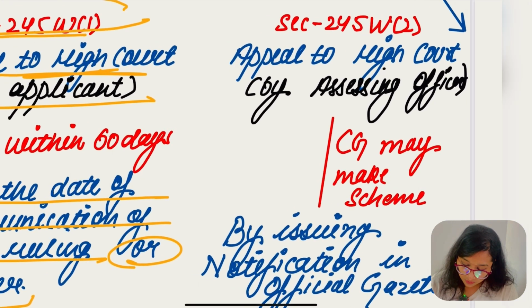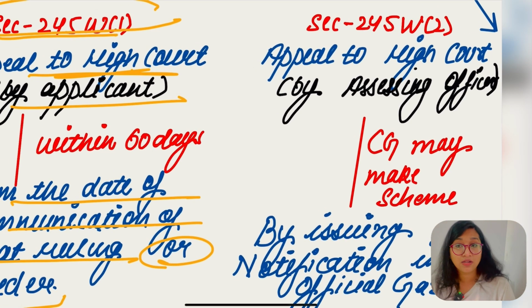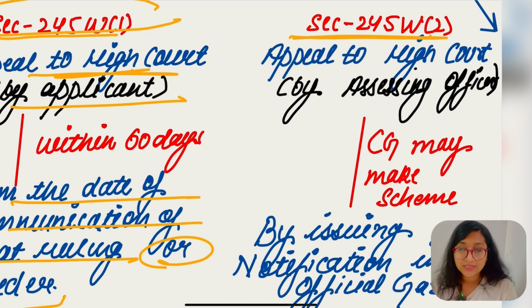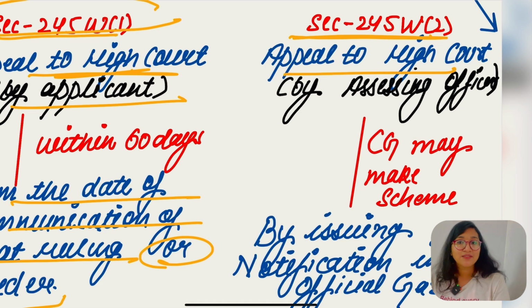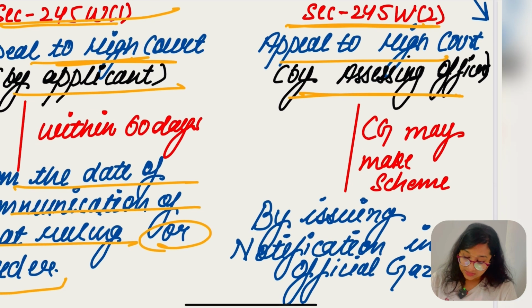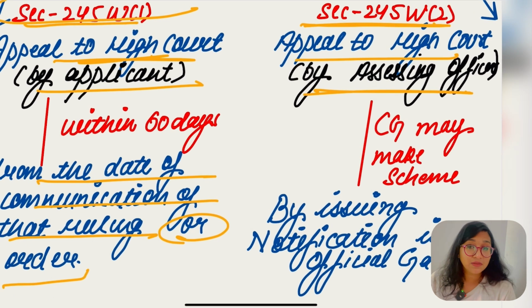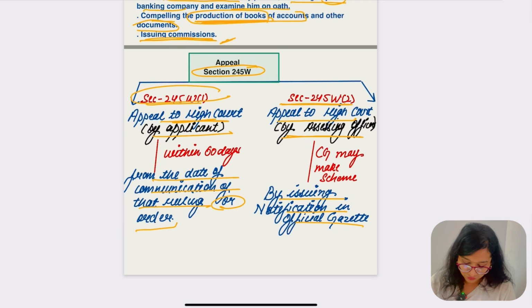Now what about the assessing officer? They can also go for appeal under section 245W subsection 2. Appeal to the High Court by the assessing officer. The CG will make the scheme by issuing a notification in the official gazette.